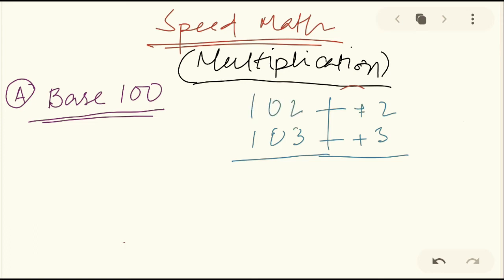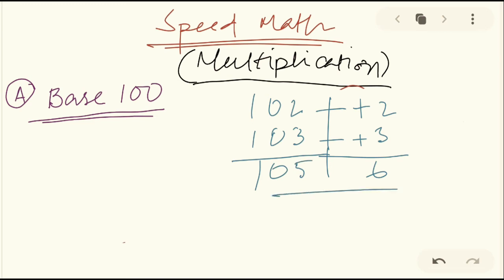So this will be the difference of plus 2. Now what will we do? We have 6, the multiplication is 6. Sorry, there is a problem in talking. Let me check. So it will be like 105.